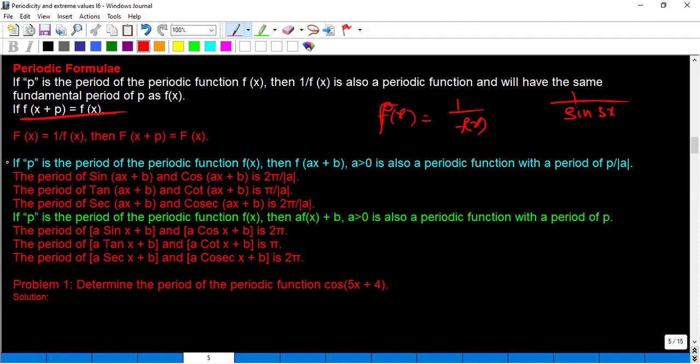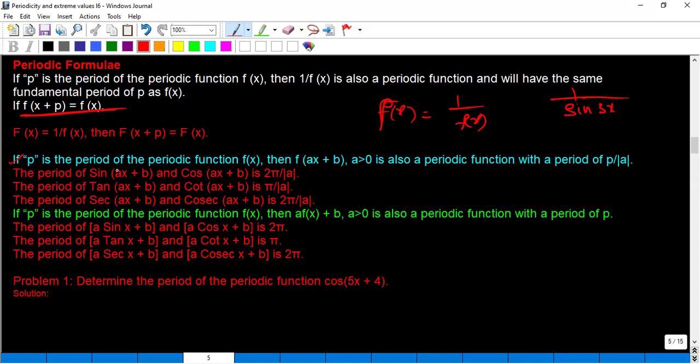And here you can see, if p is the period of a function, observe this, you are multiplying a number to the angle. Then what will happen to the period? Suppose I have sine 3x. I am multiplying 3 to the angle.